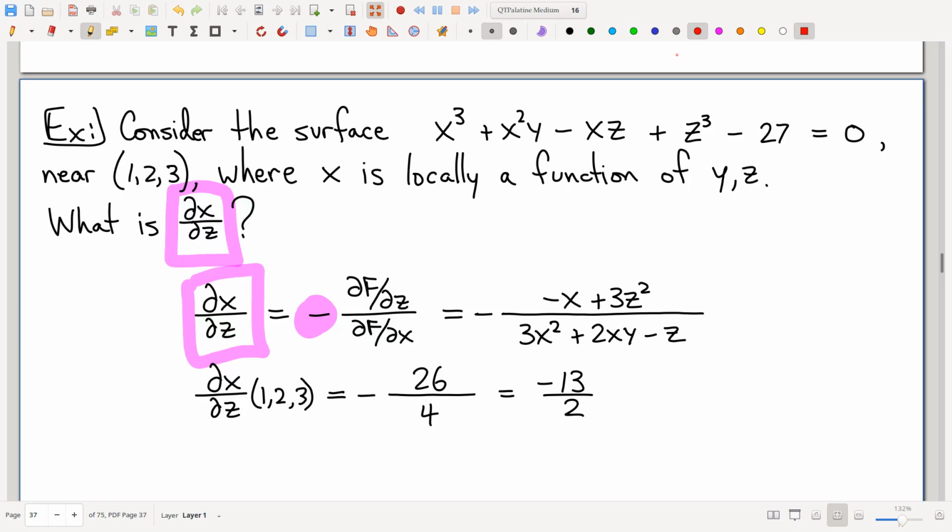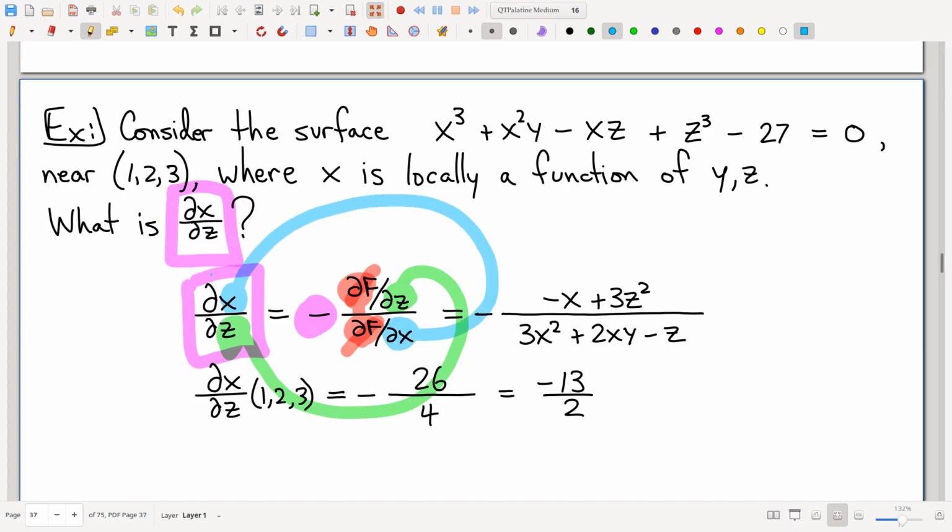nonsensical though it is, play the game where you're like, oh yeah, and then it's kind of as if those cancel and as if this came from there and this came from there, right? That's not true.